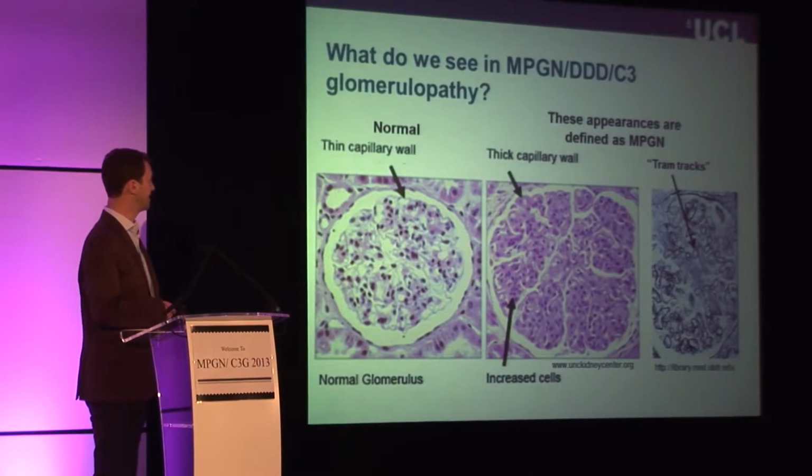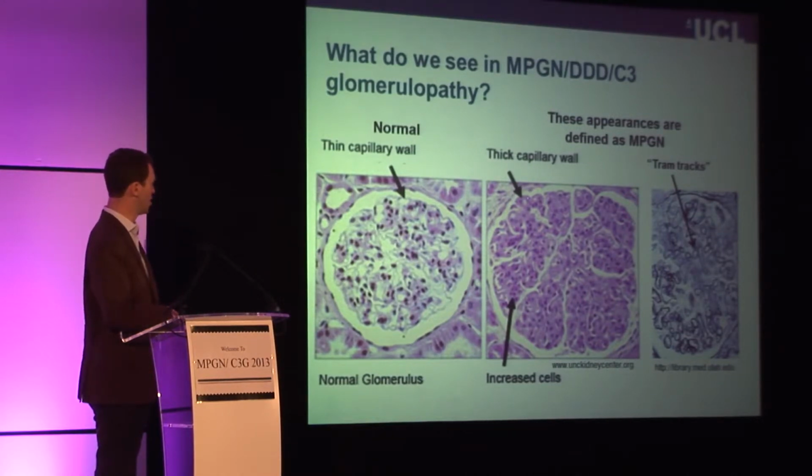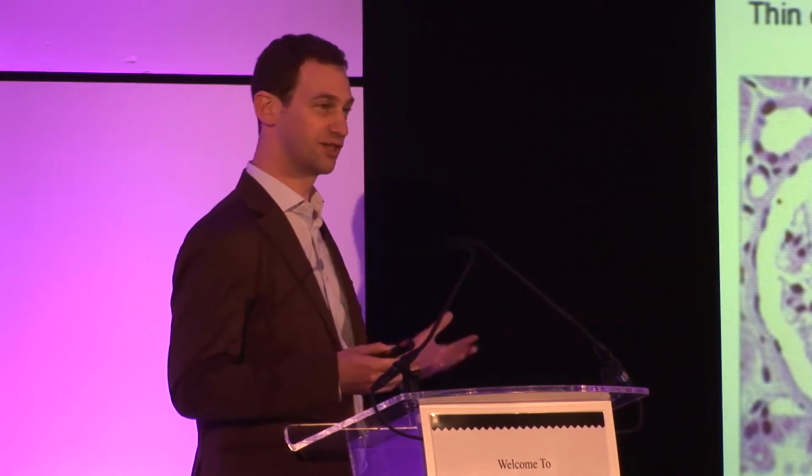Now, across the Atlantic, exactly the same biopsy features were called membranoproliferative glomerulonephritis. What that's alluding to is that the glomerular basement membrane, which lines the capillaries, becomes thickened, so membrano, and proliferation just means multiplication. So it's the membranes and the proliferation that is seen. So the two terms, MPGN and MCGN, are completely synonymous.